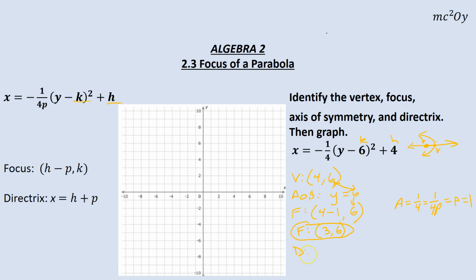And my directrix is taking x equals, and it's starting at the 4. And so we're moving this way towards the positive side for the directrix. And so that is going to be plus 1. So x equals 5. So plotting all those pieces, 4, 6.